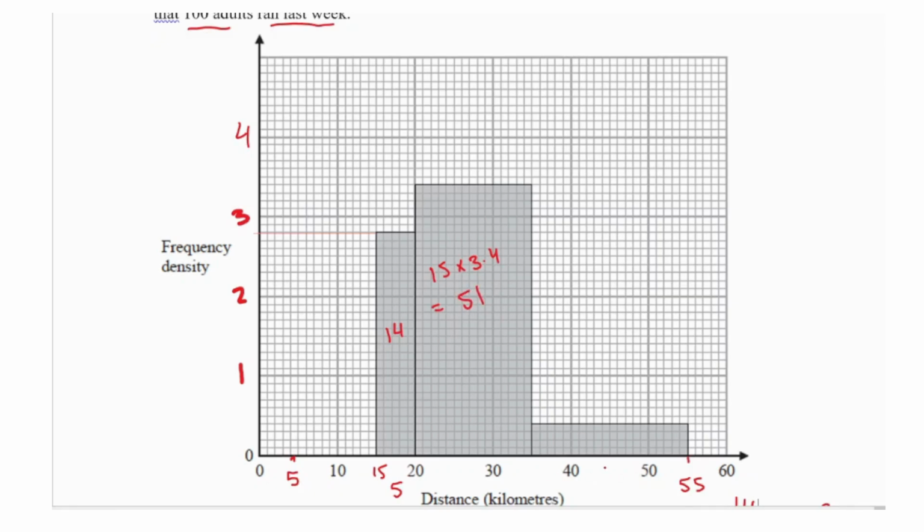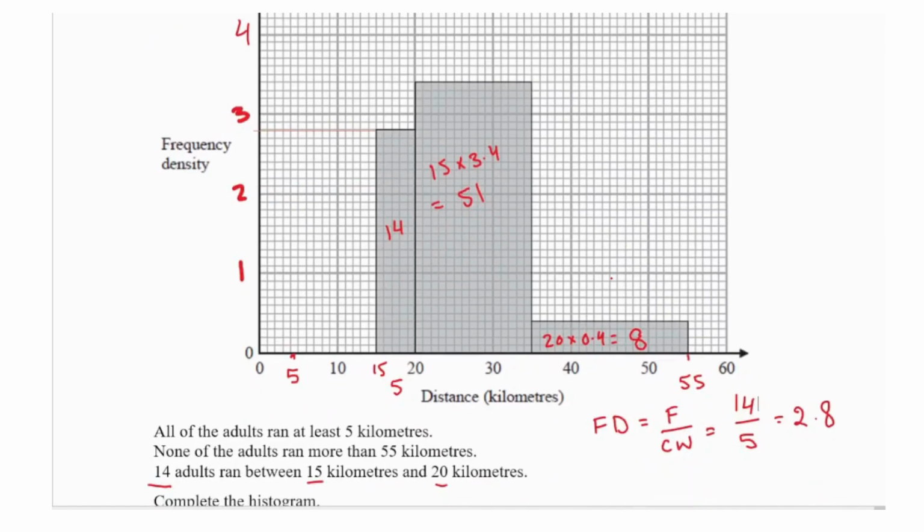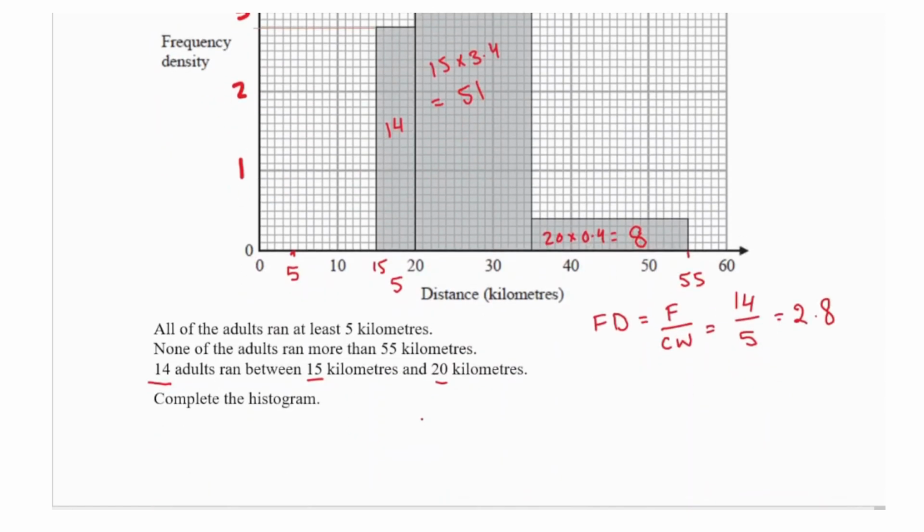This is 35 to 55, this is 20, and times by 0.4, we will get 8. Now we know the total people are 100, so we're going to find out how many are there already. 14 plus 51 plus 8 gives us 73, and the total is 100 minus 73, so we will get 27.